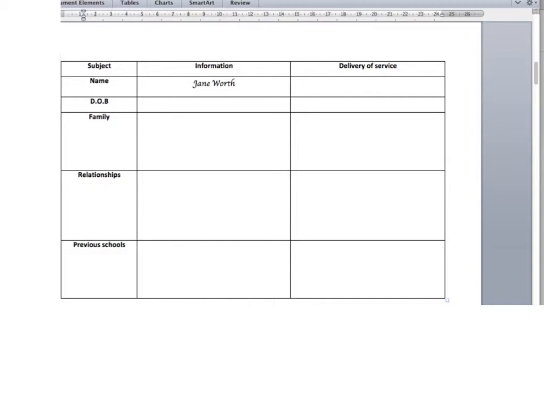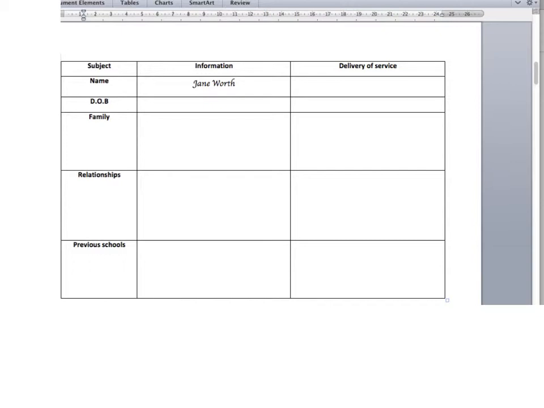In the information section, we would just put down that Jane has trouble with relationships, that she's bullying students, and that she's been involved in a couple of fighting incidents. In the delivery of service, we might put down something like some outside counselling, that we are working out a strategy that involves counselling for her.